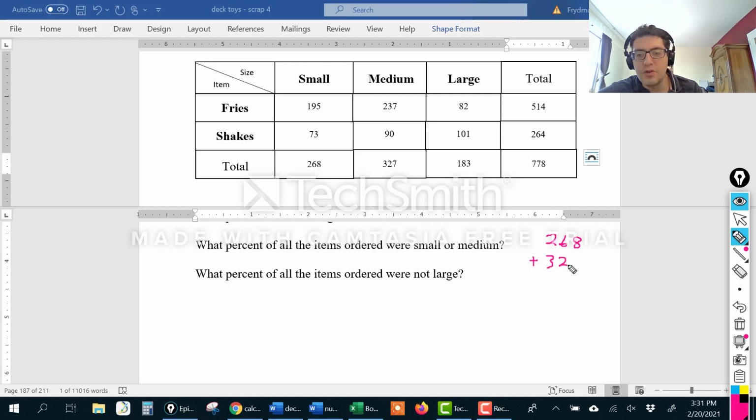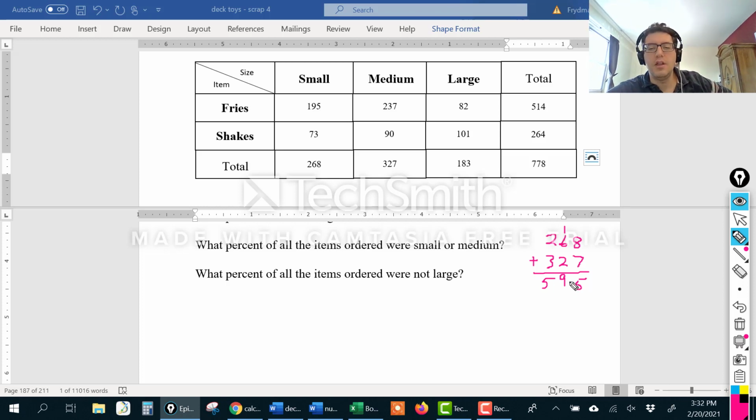We're going to add those up, and that's going to give us 595. So there were 595 items which were either small or medium. Now we're going to take this number and divide that by 778, which was the grand total.